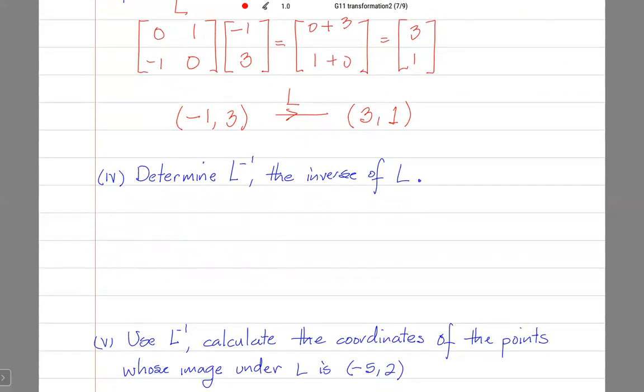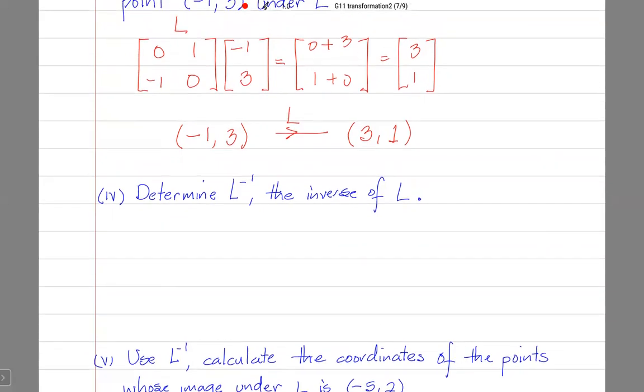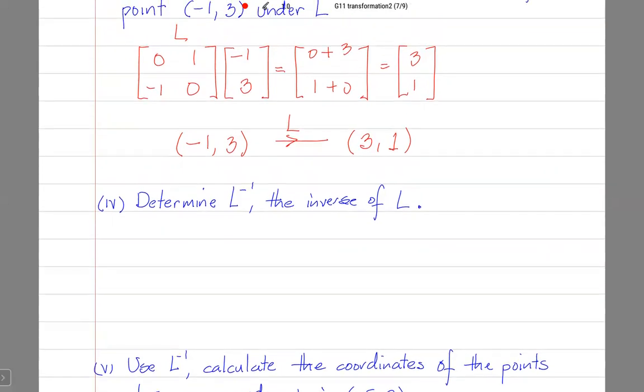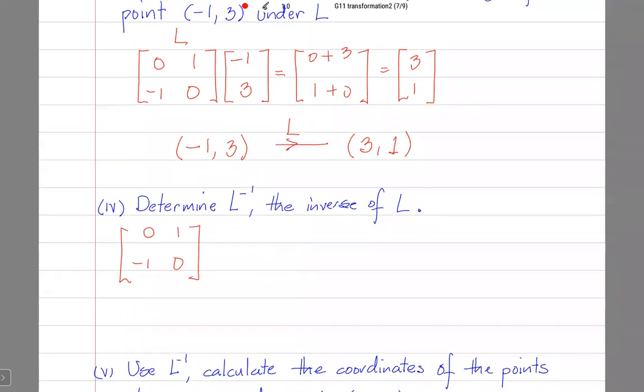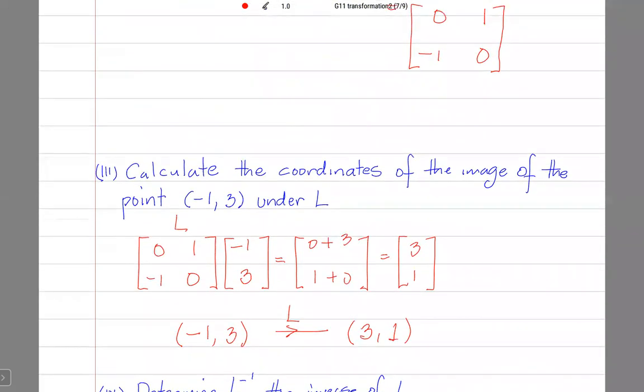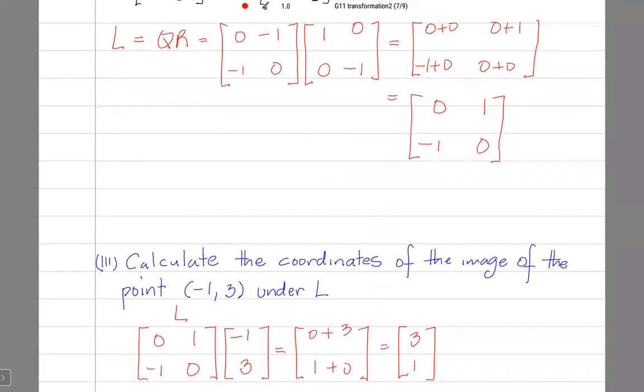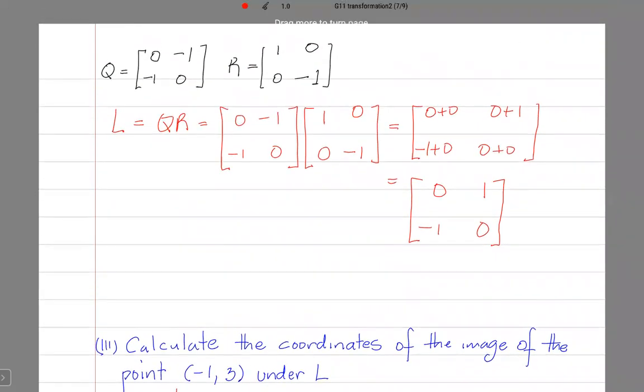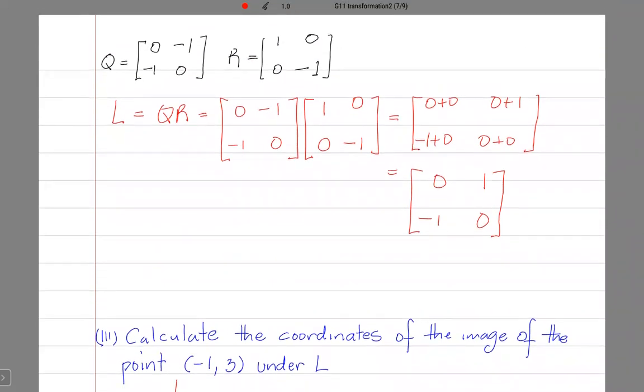All right, so L inverse. We already have L. L is 0, 1, minus 1, 0. That's L. Let's ensure we did it properly. L is QR.